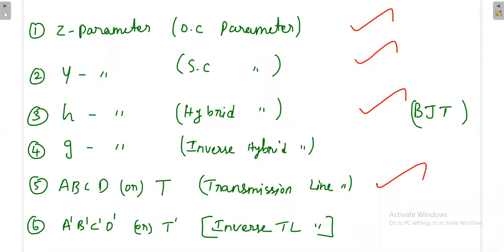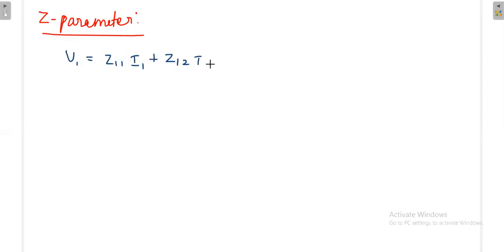Okay, first the Z parameter. Z parameter means V1 is equal to Z11 I1 plus Z12 I2, and V2 is equal to Z21 I1 plus Z22 I2. So that means the input port voltage and output port voltage are represented in terms of input port current and output port current.